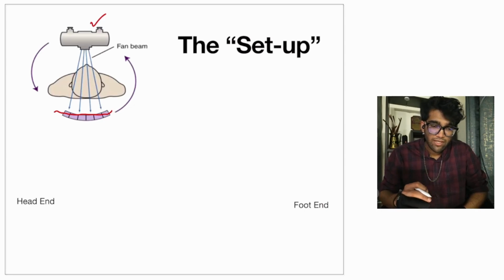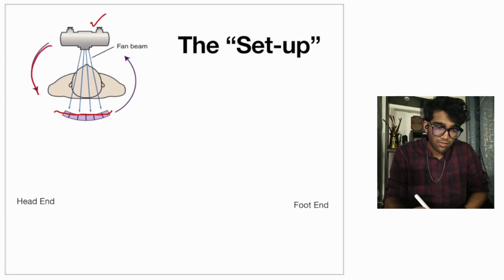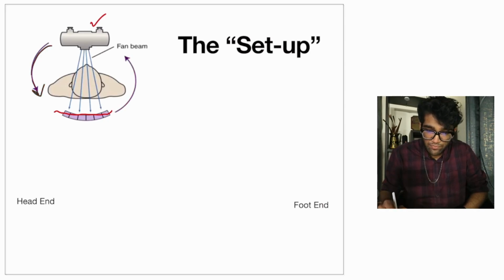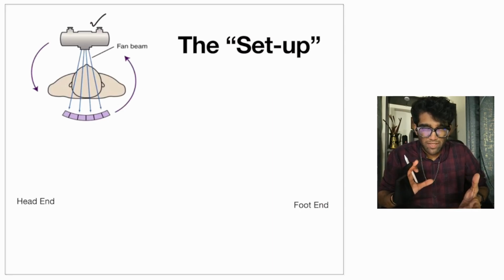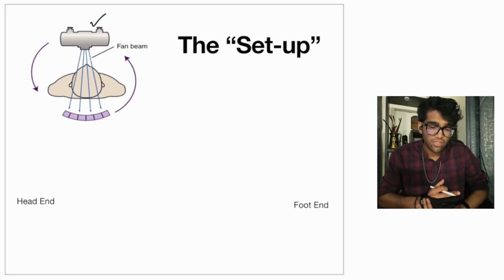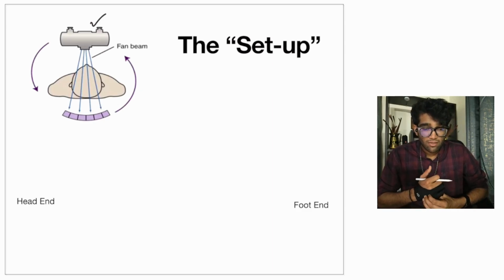Then the entire setup rotates around the patient 360 degrees, and in this process you're able to create shadows of the opacities within the patient's body, which are then mathematically superimposed upon each other to produce an image. The details of this are presently beyond the scope of this discussion. However, we'll get into it later in a detailed discussion.